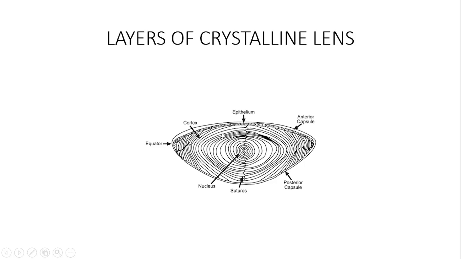From the epithelium, the next layer you meet is the cortex. That's the cortex. And from the cortex, the next one you meet is what? The nucleus. The nucleus of the lens.